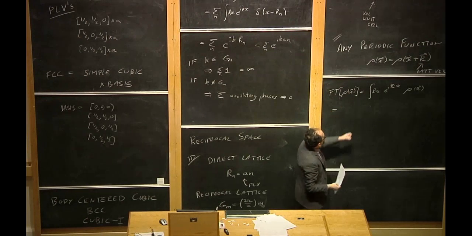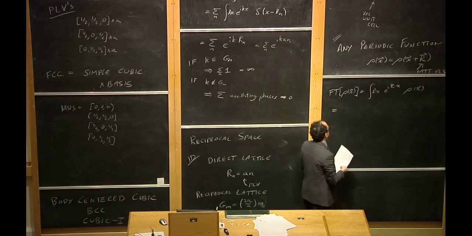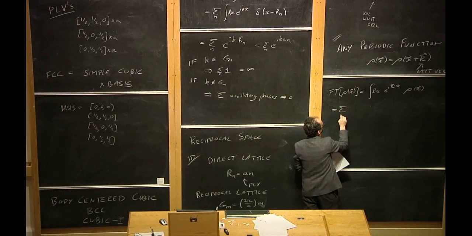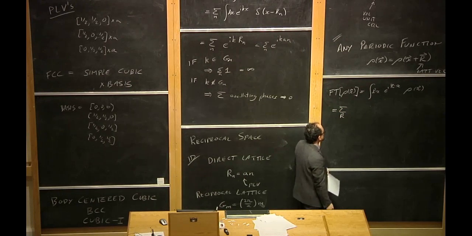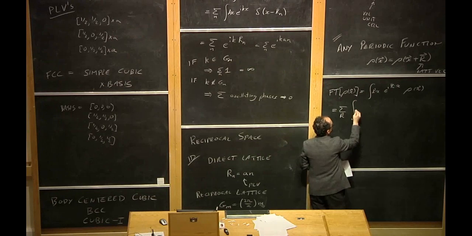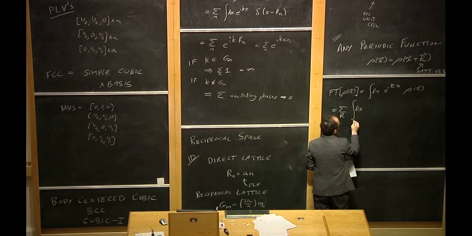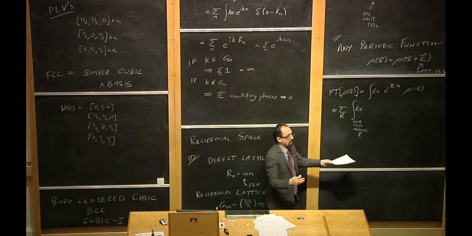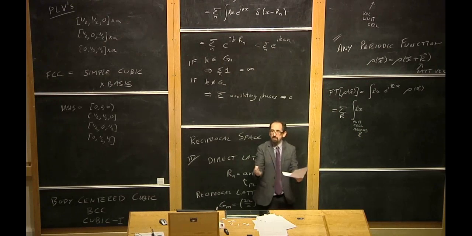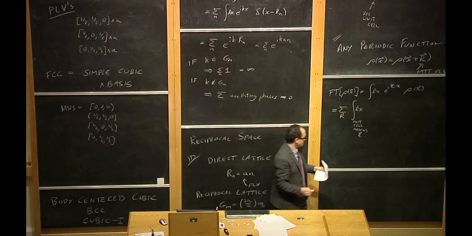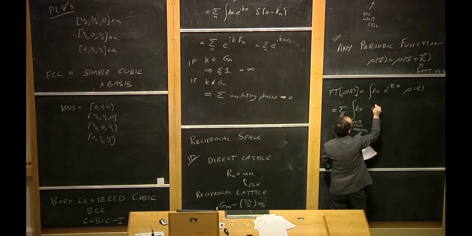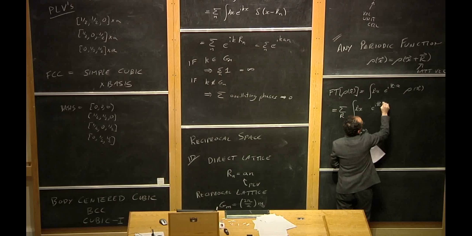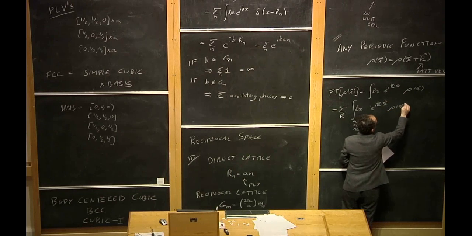I'm going to take that integral over all space and write it as a sum over all lattice vectors r of the integral d3x over the unit cell, maybe the Wigner-Seitz cell around r. So I'm just breaking up that integral over all space into pieces, each piece being over the Wigner-Seitz cell around the position r, of e to the i k dot x rho of x.